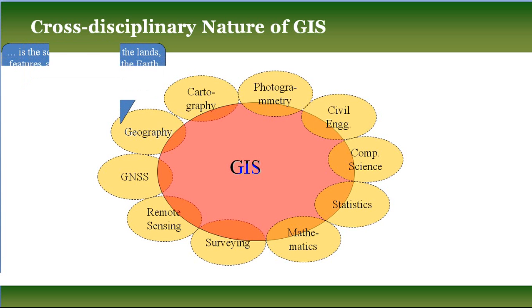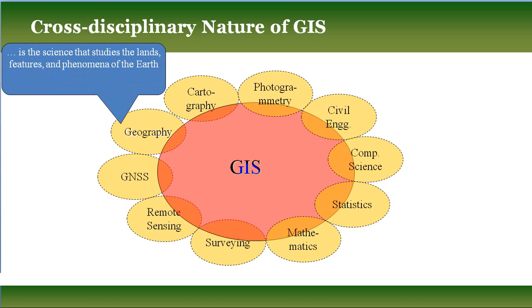Then comes geography. It is the science that studies the lands, features, and phenomena of the earth. It is the study of places and the relationships between people and their surrounding environments. Geography seeks to understand where things are found and why they are there.